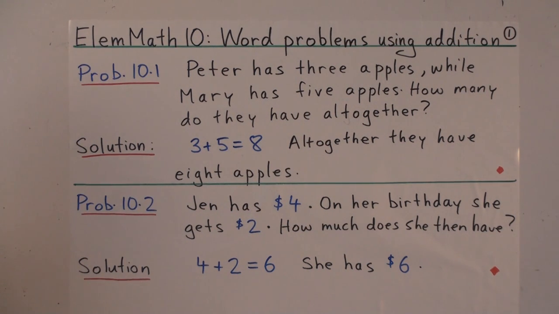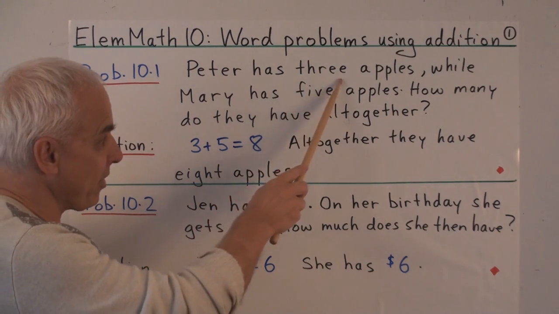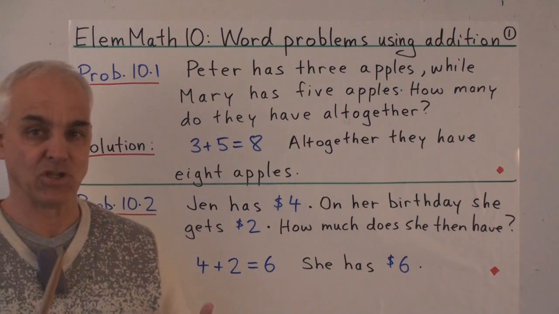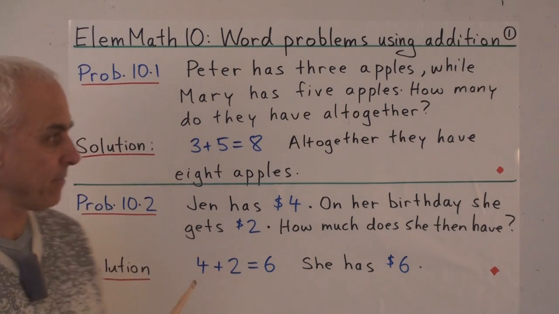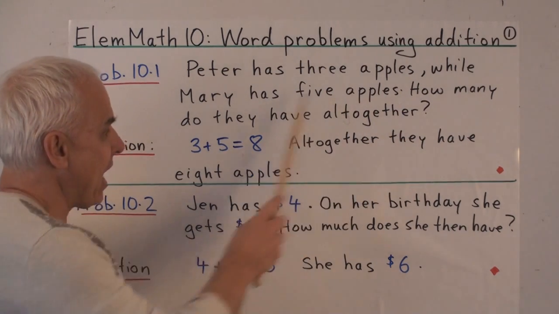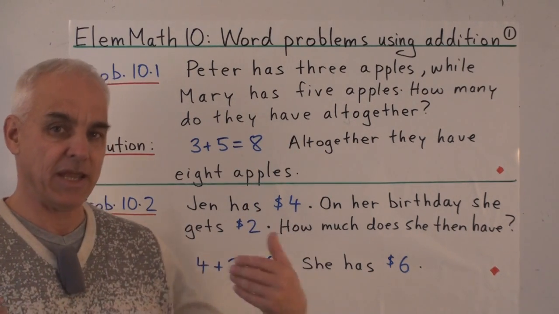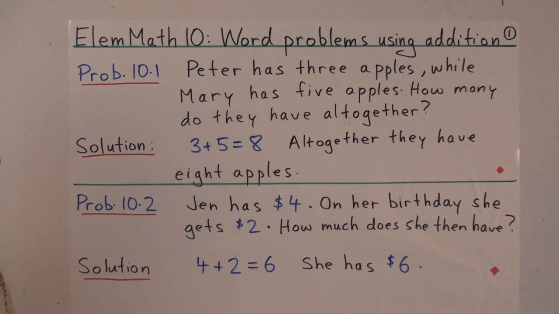Well, the solution consists of identifying that the crucial quantities here are the 3 and the 5. We have 3 apples and we have 5 apples, and the question is asking us to add them together, because the question is asking how many do they have altogether. That's a kind of adding, putting things in one big pile.